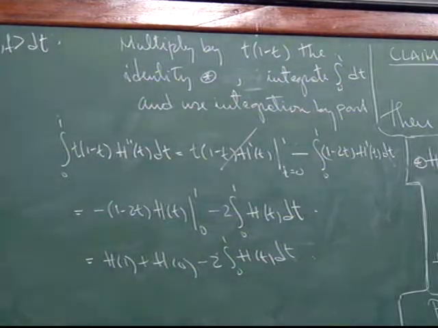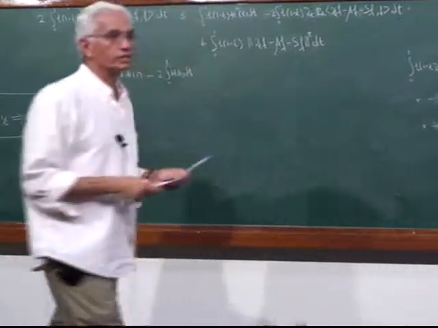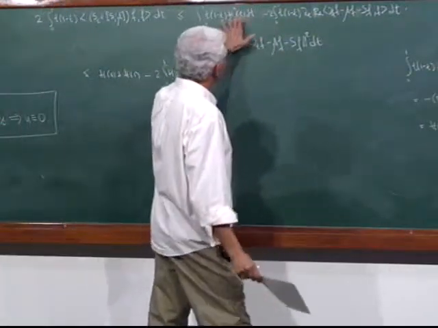Then all this, the first term, is less than h of 0 plus h of 1 minus twice the integral between 0 and 1 of h of t dt. Is this okay? Then I did the first integration by parts.